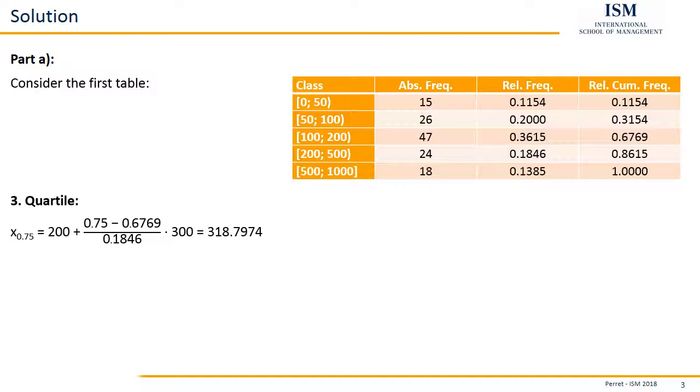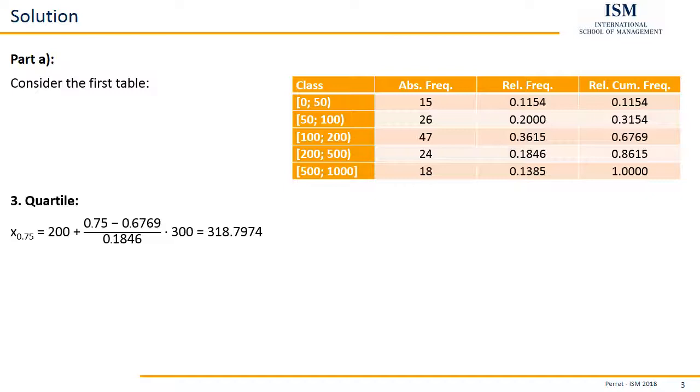75%. This clearly is the fourth class, the class from 200 to 500. So what we do now is we start with its lower bound, so 200 plus, as we are working with the 75% percentile, we have then on the upper part of the fraction 0.75 minus the cumulated relative frequency of the class before the quantile class.